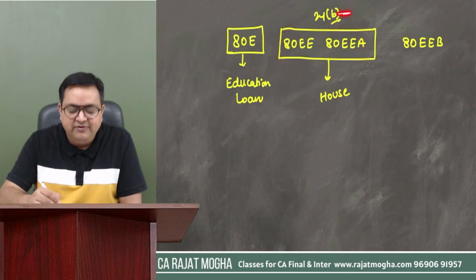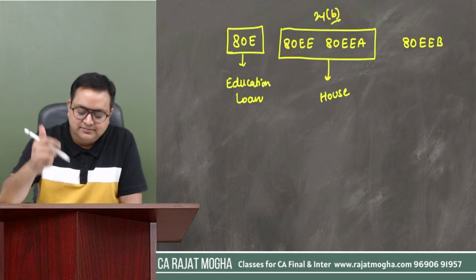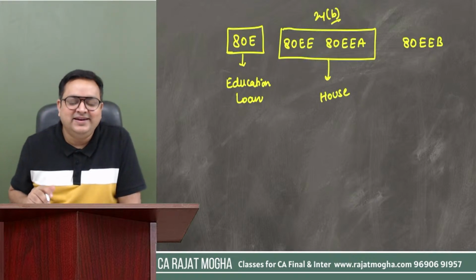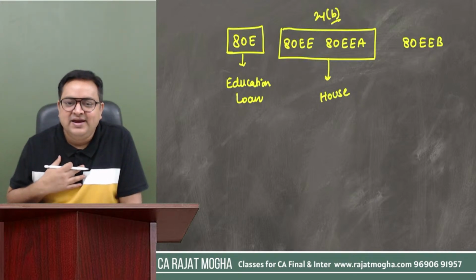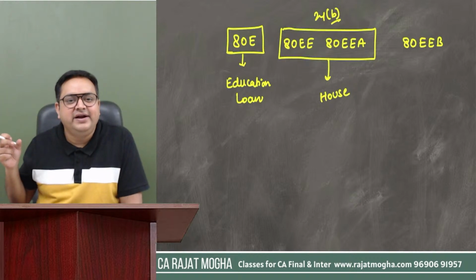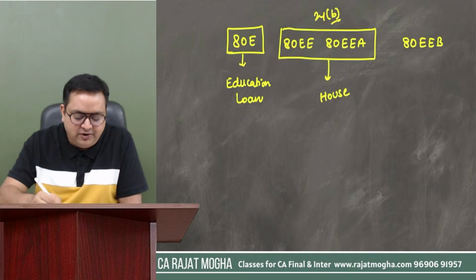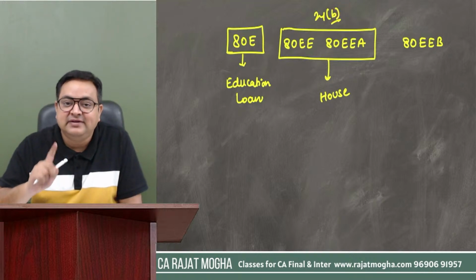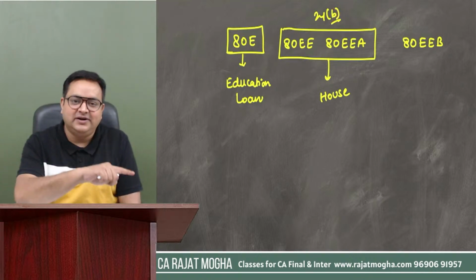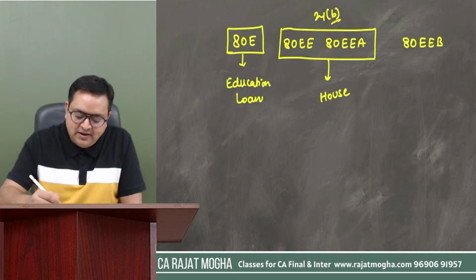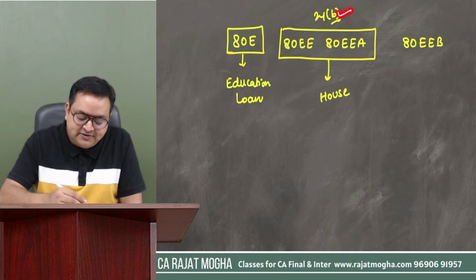So in 24B, we understand that if the assessee has a self-occupied house and is opting for the new tax regime, then 24B is not allowed for self-occupied property. It is allowed only in the optional tax scheme. So in 24B it is allowed, but how much is the maximum amount? 24B is 2 lakh rupees.